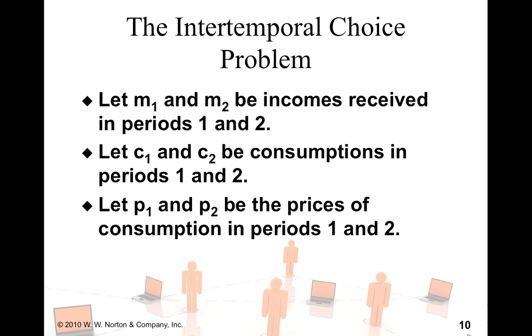But I have to decide it today, which means that both M2 and C2 cannot be simply represented as M2 and C2 today. We have to calculate the present value of both M2 and C2 in order for them to be meaningful numbers today, so that based on that, we could think about making a choice of consumption today versus tomorrow.